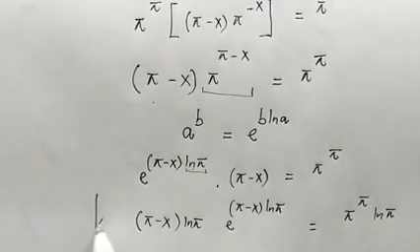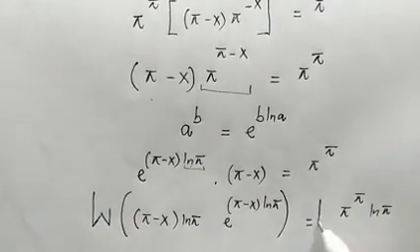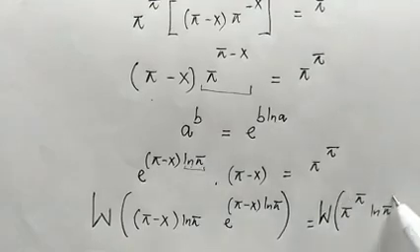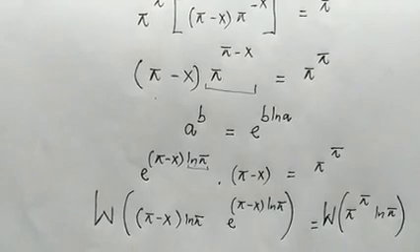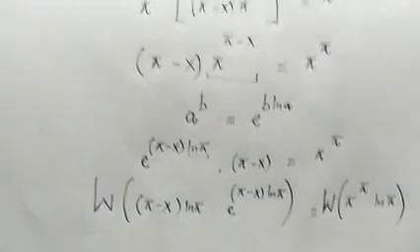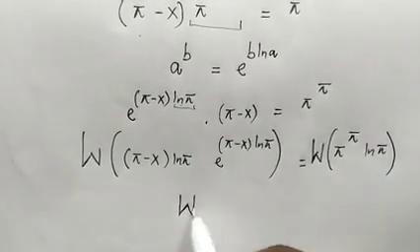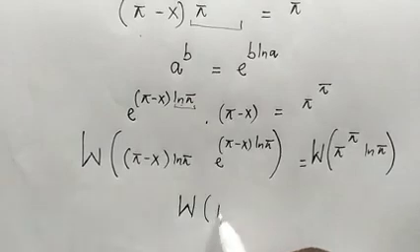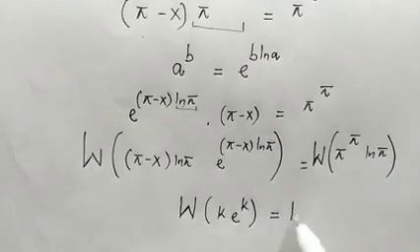Now we can take the Lambert W function on both sides of this equation. So this left hand side will simplify nicely if you recall the property of the Lambert W function. The Lambert W function of k times e to the power of k is equal to k.